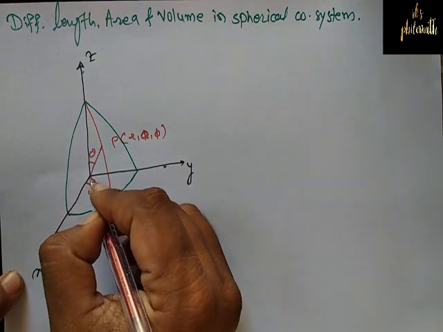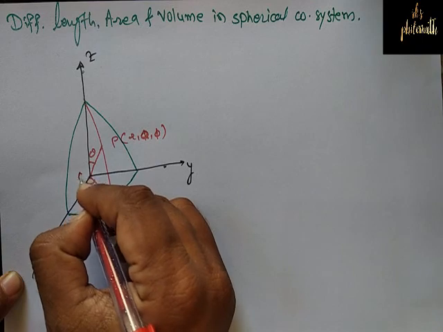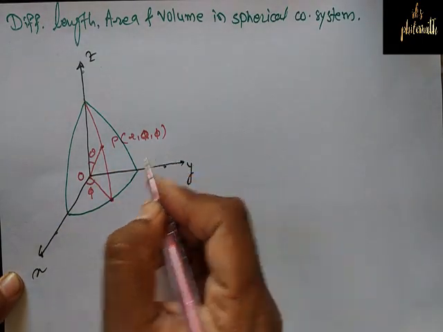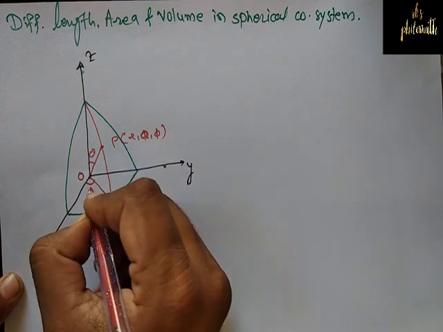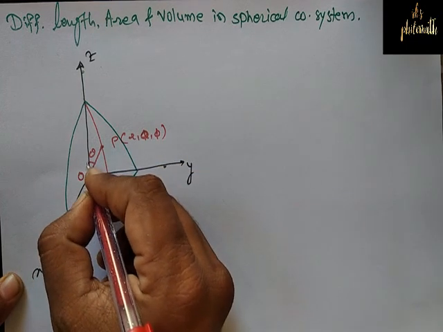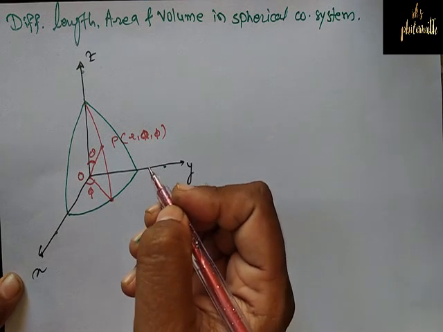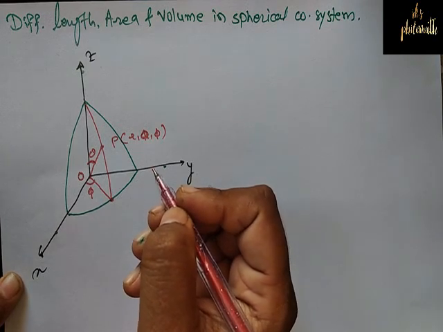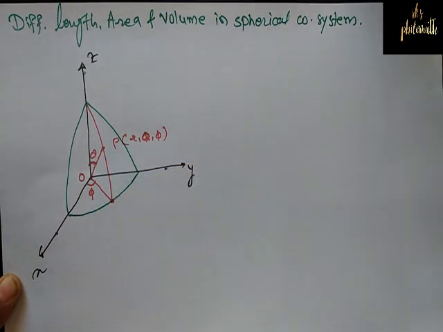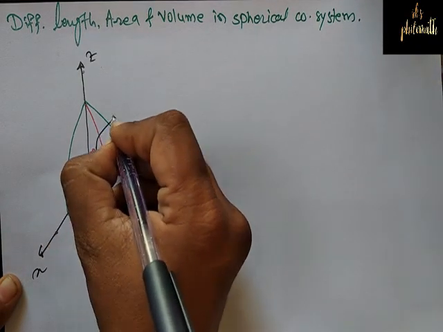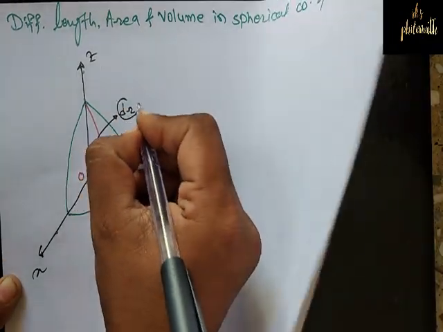First one is radius, which is the distance from the origin to point P. Second is phi, the horizontal angle, and third is theta, the vertical angle. So the first dimension is radius, and the differential length is dr.